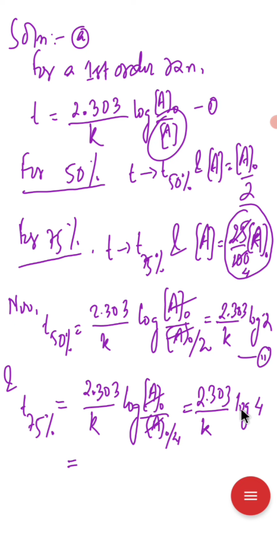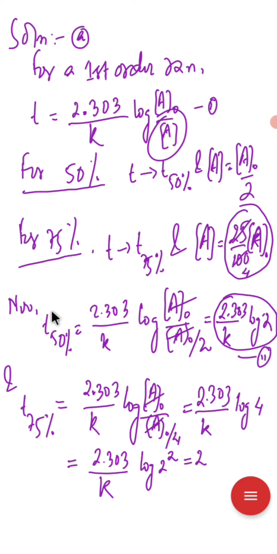So I can write 2 times 2.303 divided by k log 2, and this whole term 2.303 divided by k log 2 is equal to T50% from equation number 2.